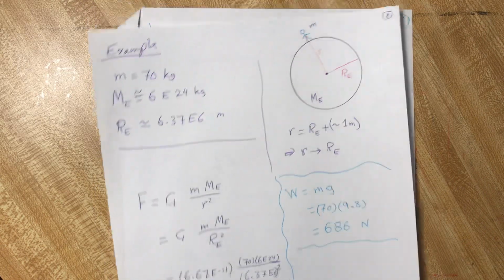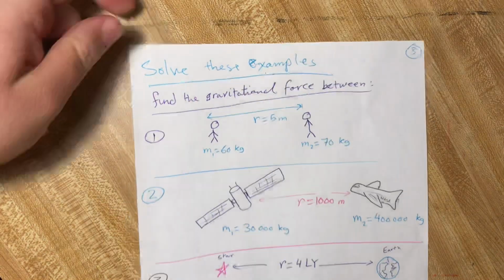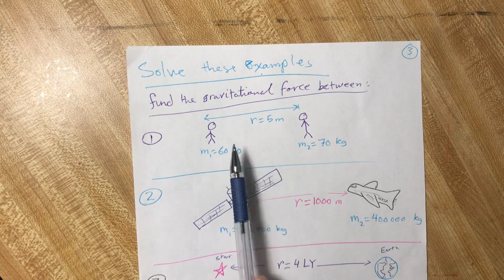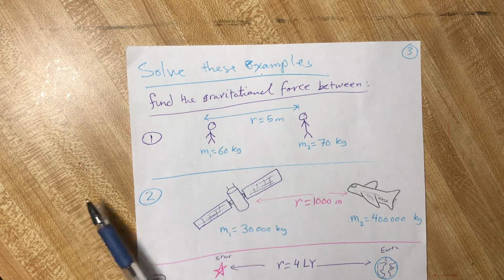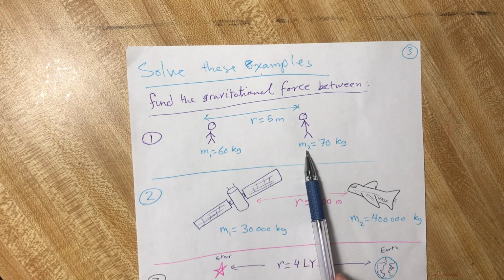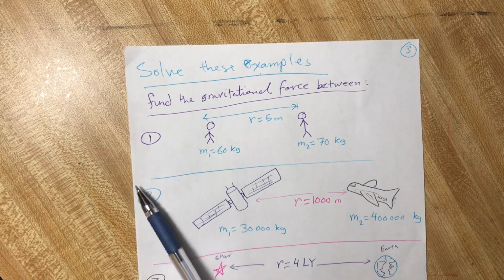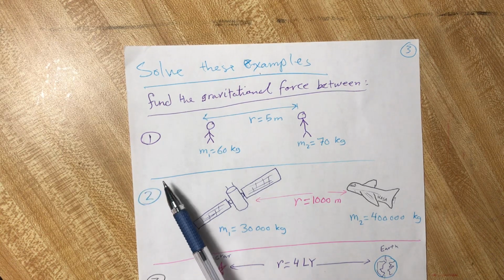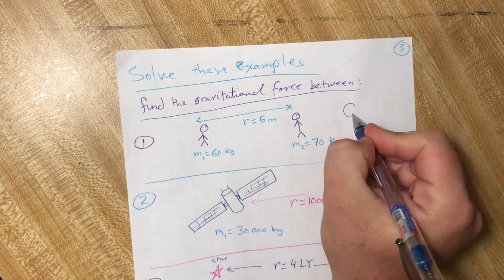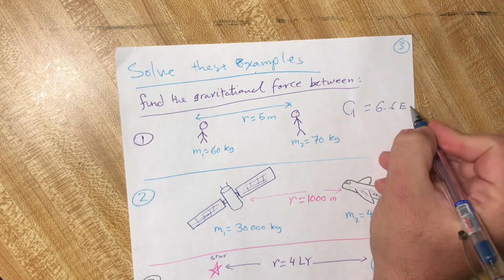Now, in the same way, please try to solve these examples. Look at the first one. We have two persons, the first with mass 60 kilograms and the second with mass 70 kilograms, and the distance between them is 5 meters. We have two masses and the distance between them, and we have G, which is a constant, 6.6 e minus 11.